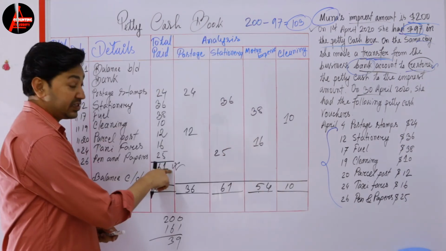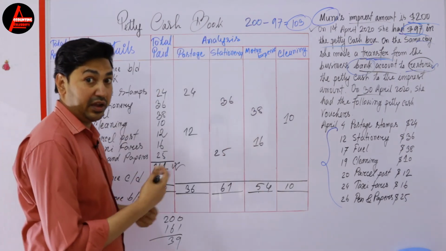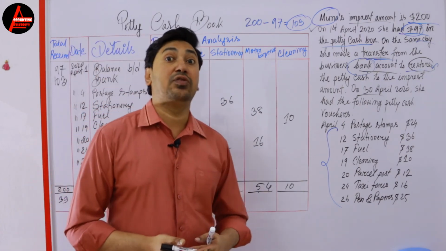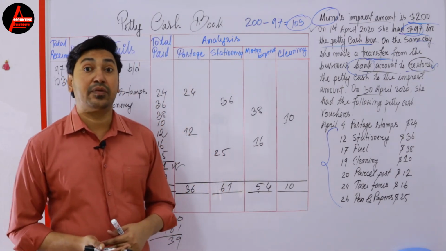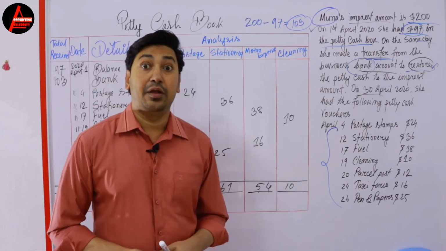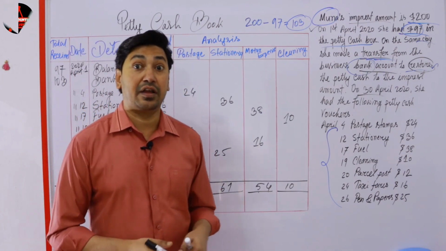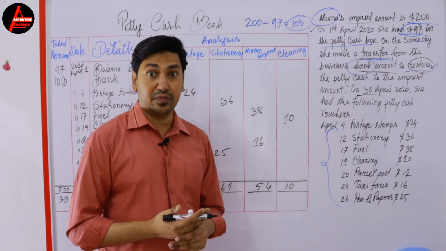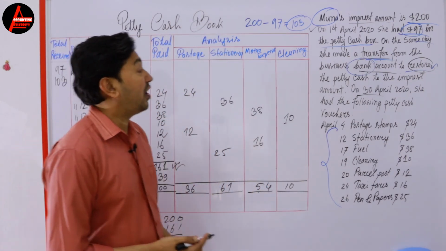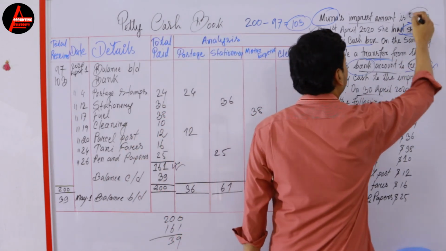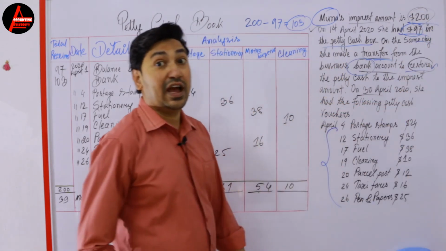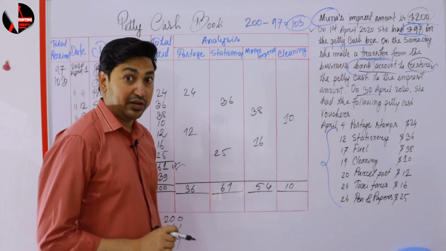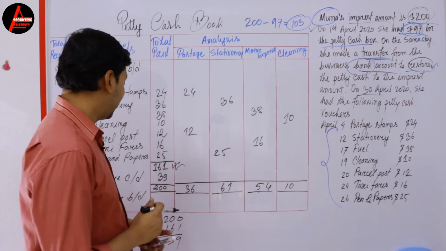This is the money she already spent in the previous month, okay, in the month of April. Now she will take this money from the main cashier, okay, because she will start her new period with the same amount of money, which is $200, the Imprest amount. That means every month she has to have this $200 in the beginning, okay, before making transactions.